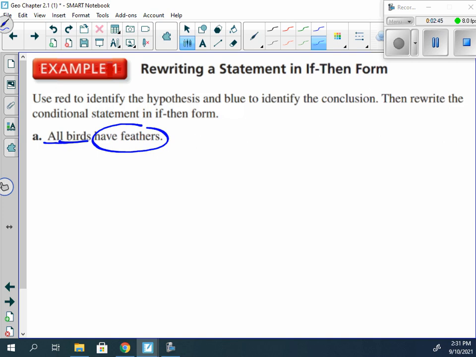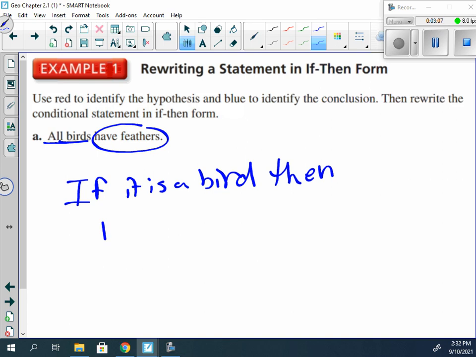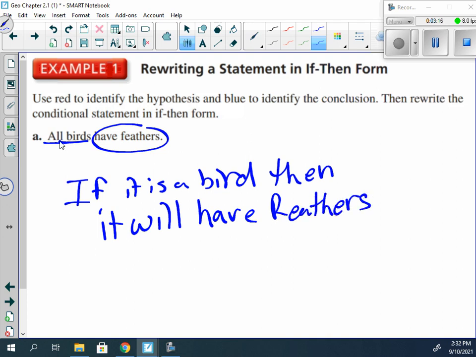Now, if we write it in if-then form, we're going to have to change the wording a little bit. Because what are we talking about? Birds and feathers, right? So if it is a bird, then it will have feathers.